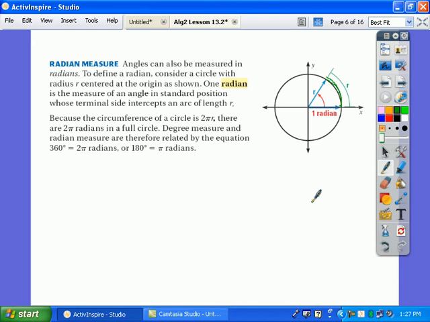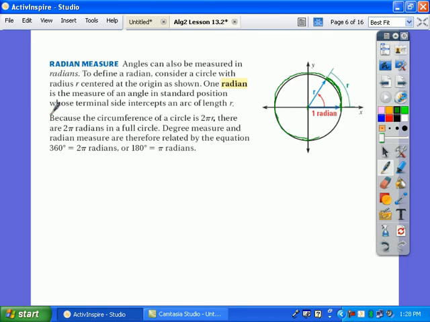Somebody chose this number 360, and in the same way, somebody chose this measurement system that said, take this radius here, whatever the radius is, and we'll travel that along the circle itself, and we'll keep filling the circle in with radians. And so we can keep going all the way around. I won't get into the math of it, but basically there are 2 pi radians in a full circle.